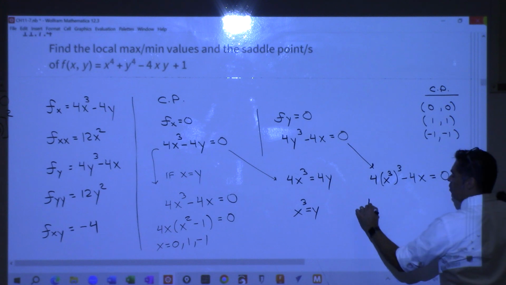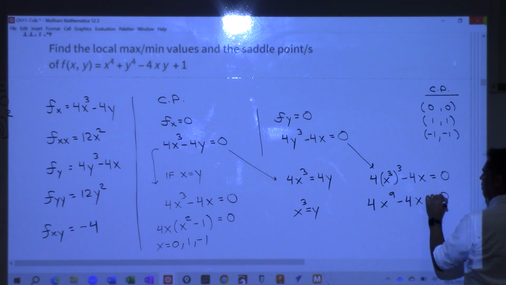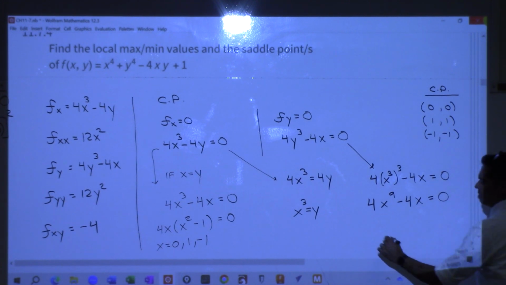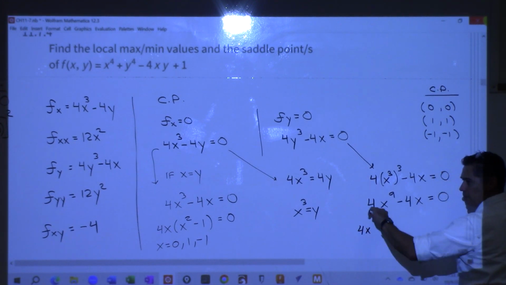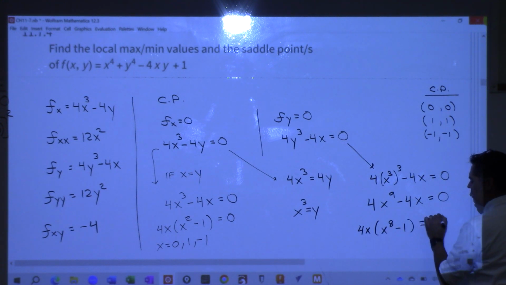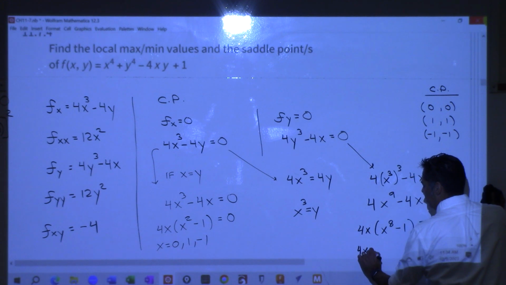And now this is 4x to the 9th minus 4x, right? You multiply 3 times 3. GCF, 4x, x to the 8th minus 1 equals 0. It factors. You could just look at it. Let's do it this way: 4x equals 0.